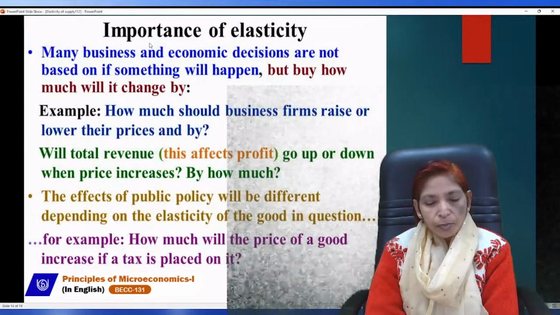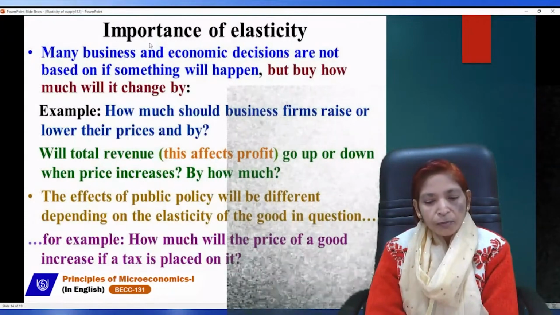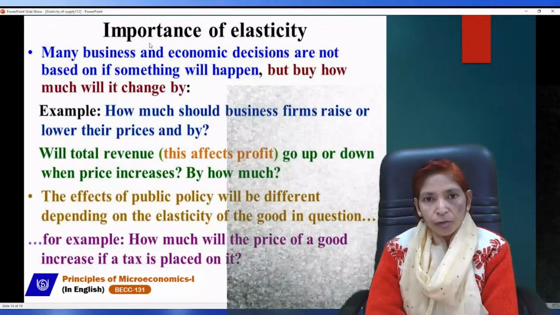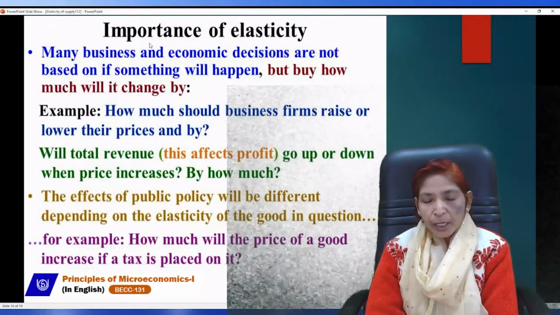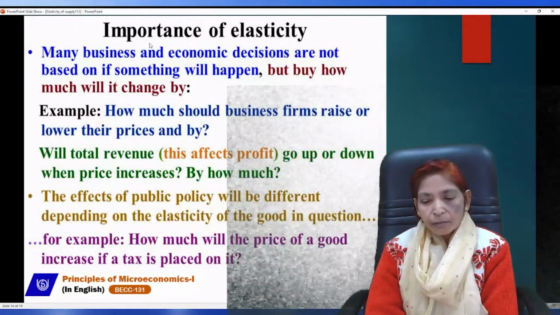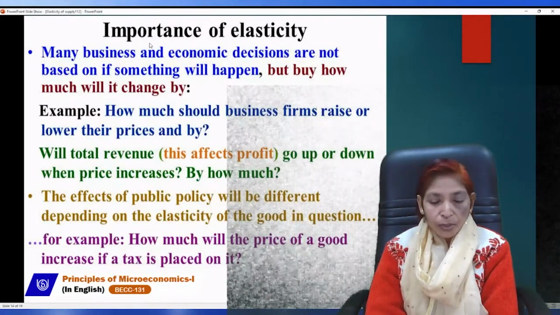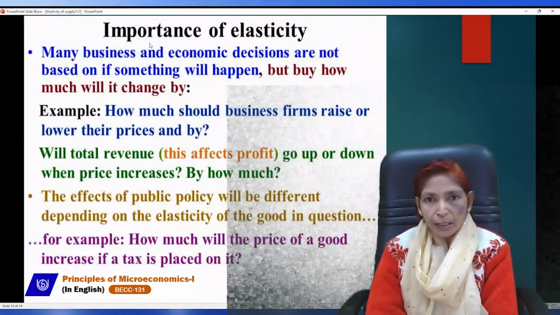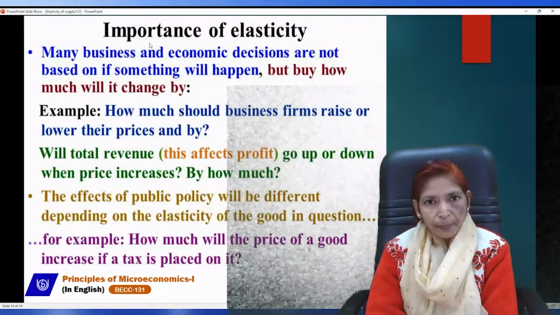If government imposes more taxes on those goods whose demand is highly elastic, then price will be higher, but we will not demand more because demand is perfectly elastic. Demand can change, increase or decrease, due to a change in price.